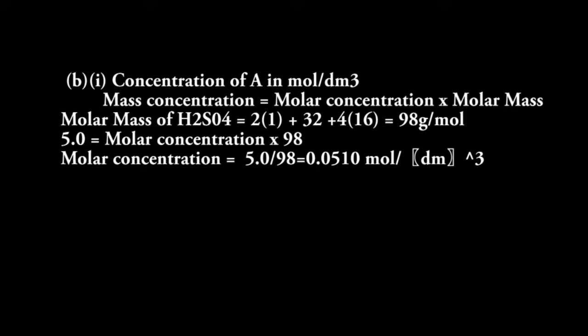First and foremost, find the molar mass of tetraoxosulfate(VI) acid, and here the molar mass is 98 gram per mole. Substitute this value into our formula. We obtain the molar concentration of A to be 0.510 mole per dm³.